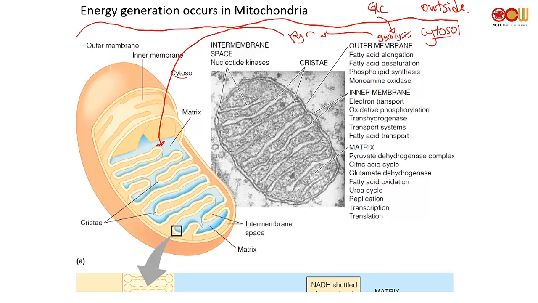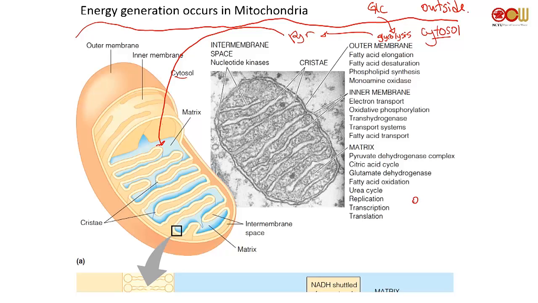Now, I know it's an ugly picture, but mitochondria essentially has two lipid bilayers. You have an outer membrane, an intermembrane space, and an inner membrane. Don't get confused with what we say about lipid bilayer. Usually when we say lipid bilayer, this is a bilayer because you have one layer, two layers.